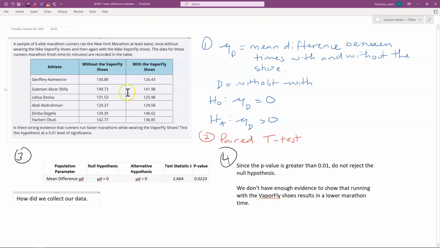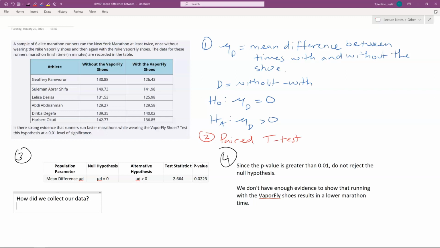So these shoes and these race times came from various years depending on when they wore the shoes and when they didn't. The other thing is we don't know what the conditions were for the marathon. It could have been really hot one year and not so hot the next year. So that could also make a difference on whether their times are faster or slower.